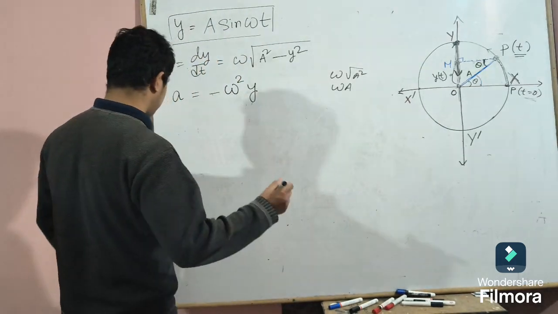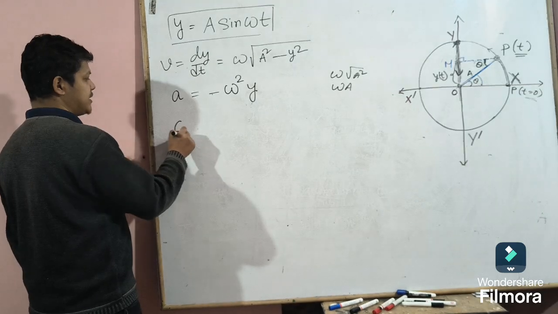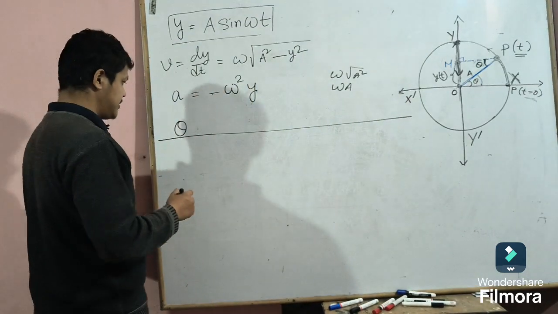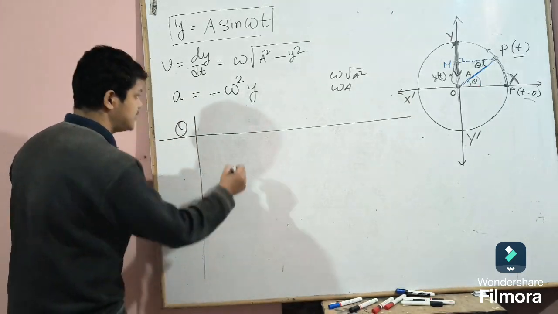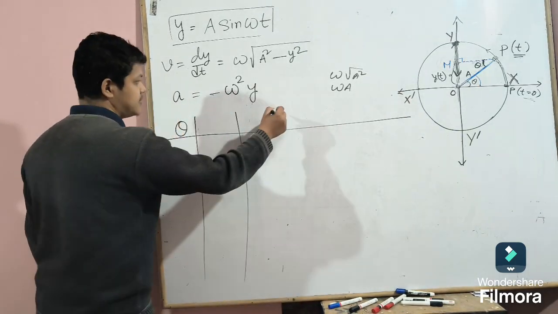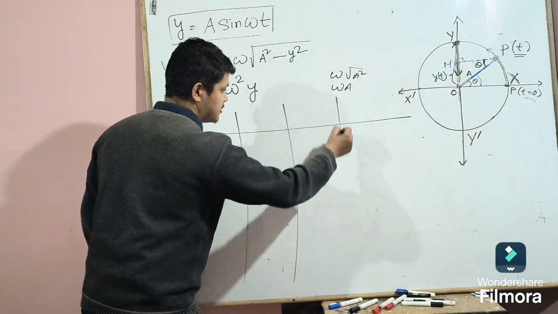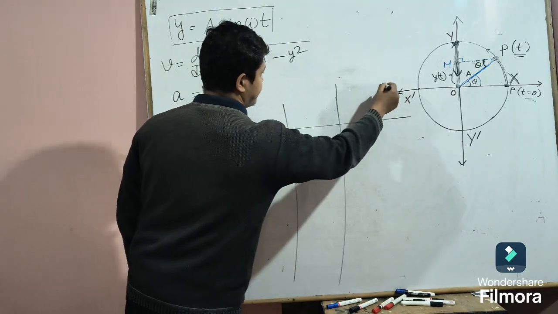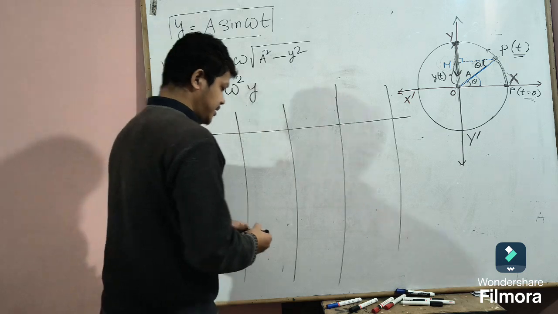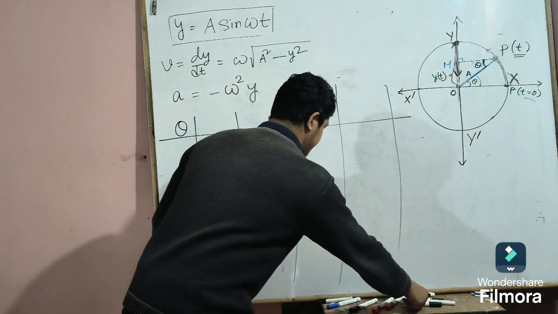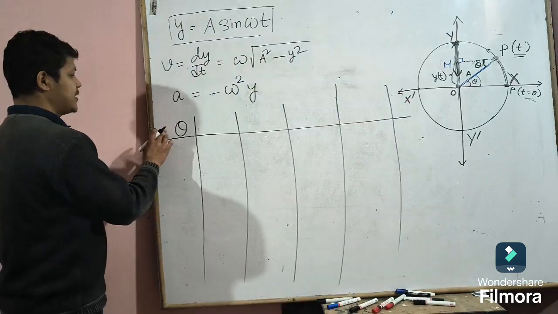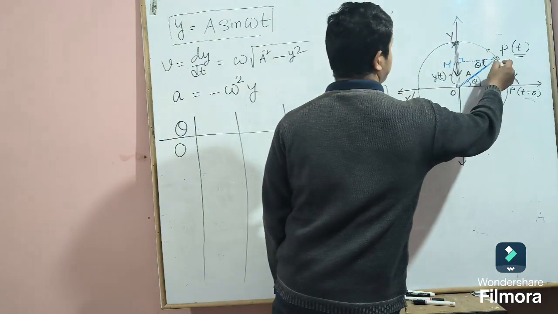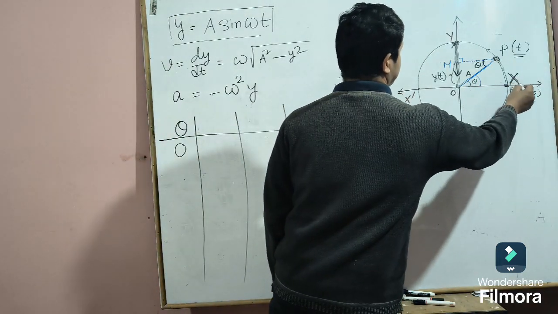Now you see, when this angle theta is equal to 0 degree, that means the particle P is at this position at x.